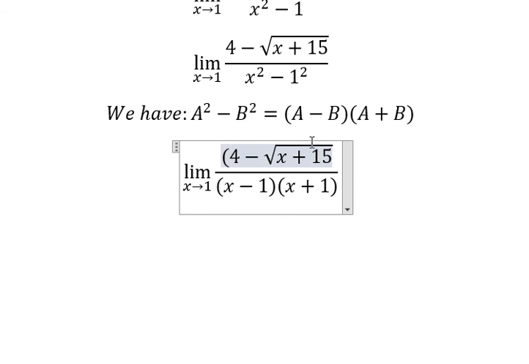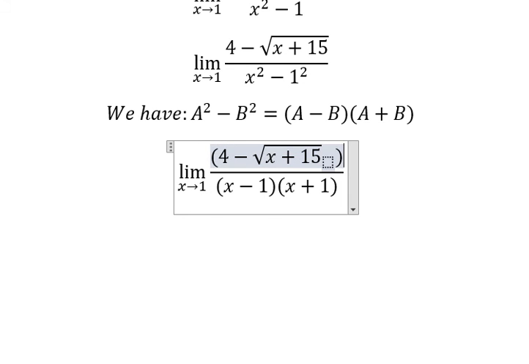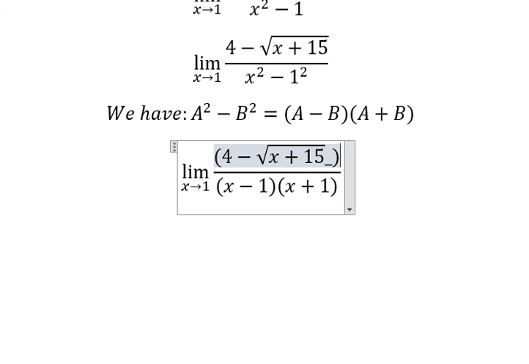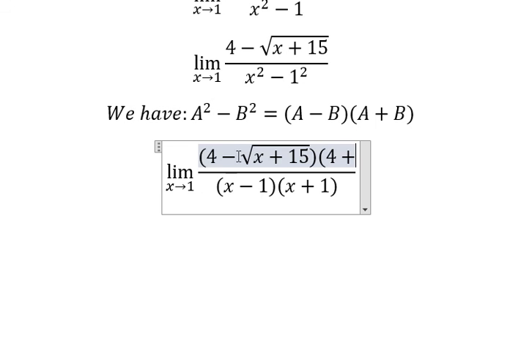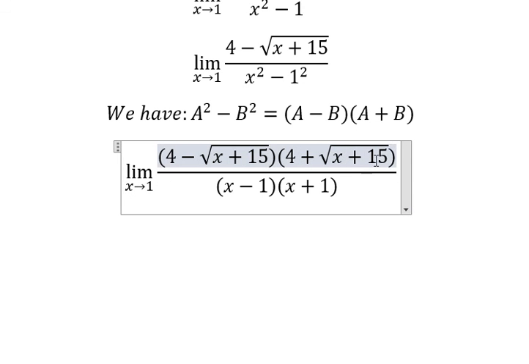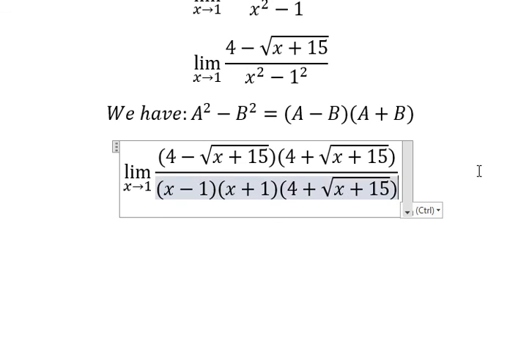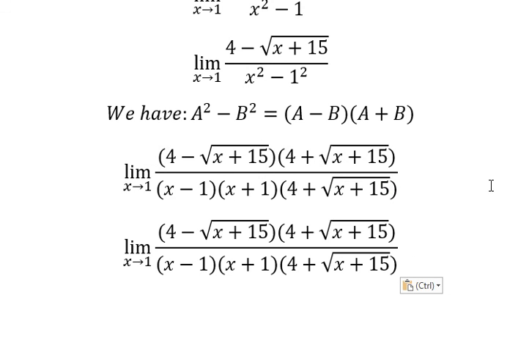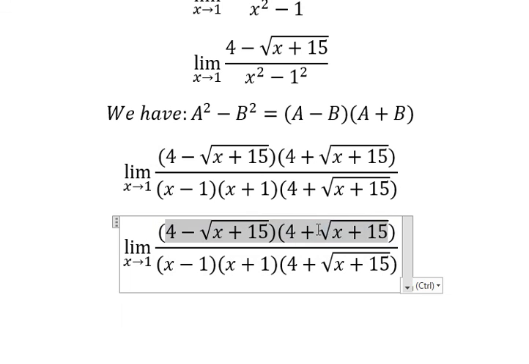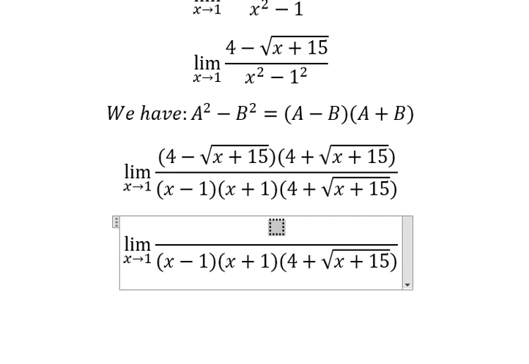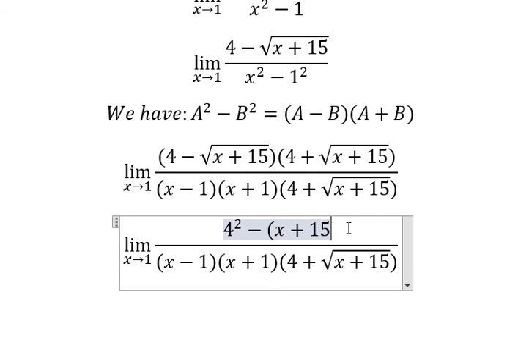To create this one, we need to multiply by 4 plus the square root of s plus 15 on the numerator and denominator. So this one, we put 4 squared minus s plus 15.